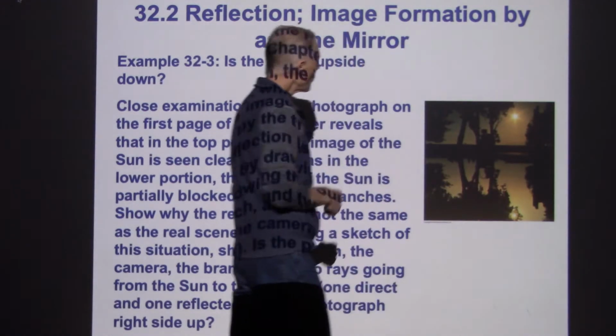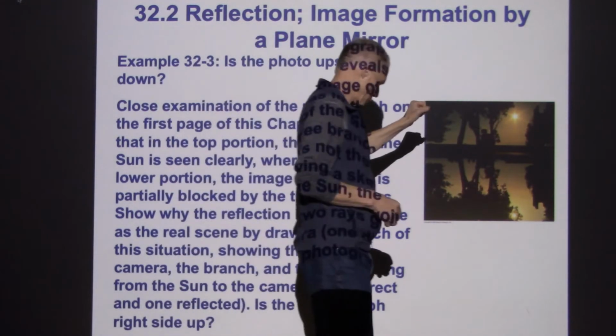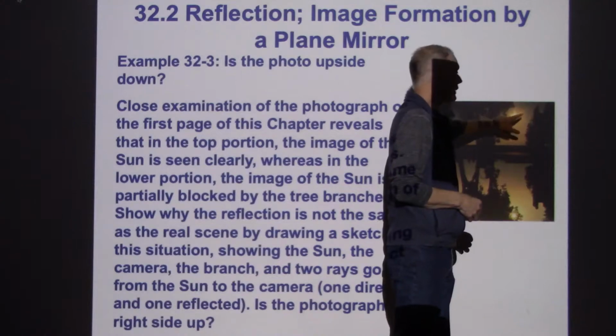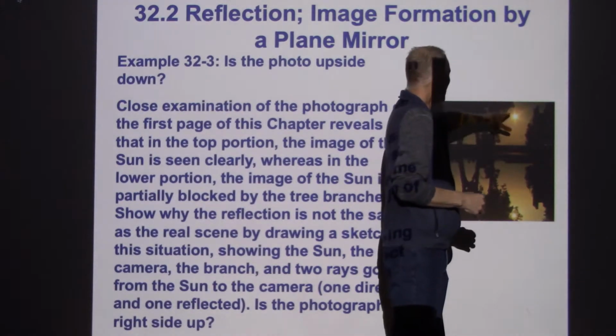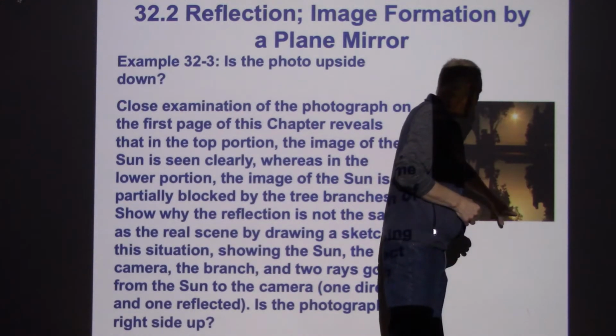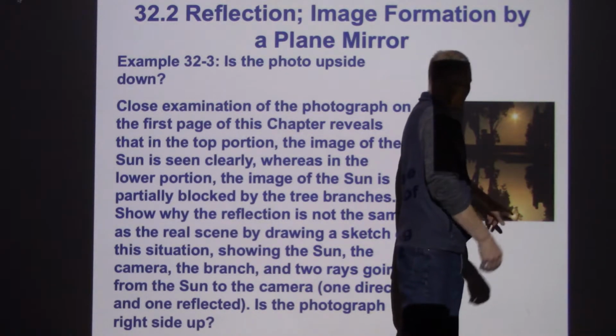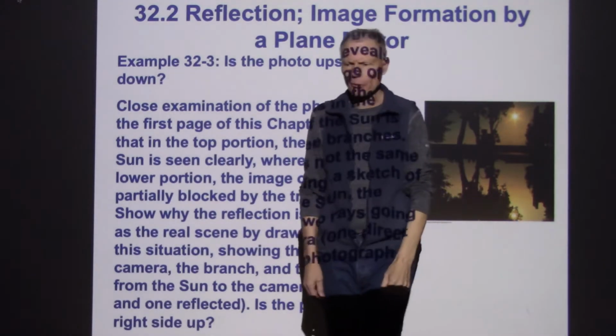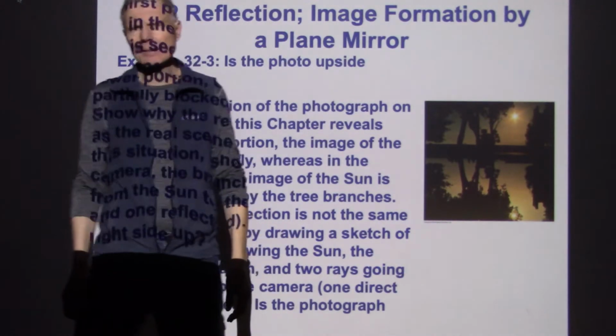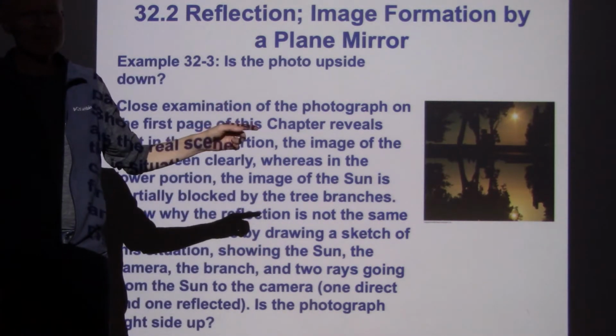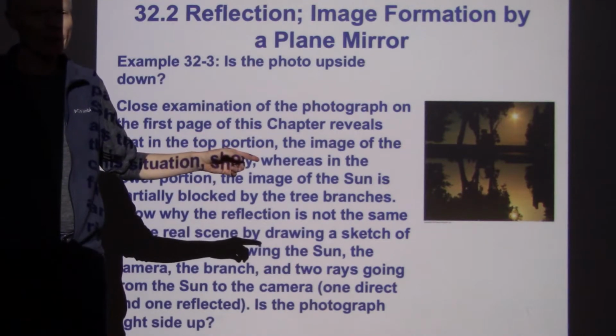Now, what they're pointing out is that here, the image of the sun is showing up below the tree, whereas in this apparently reflected portion, the sun is shining through the branches. And they're asking, is this picture right side up, or is it upside down?